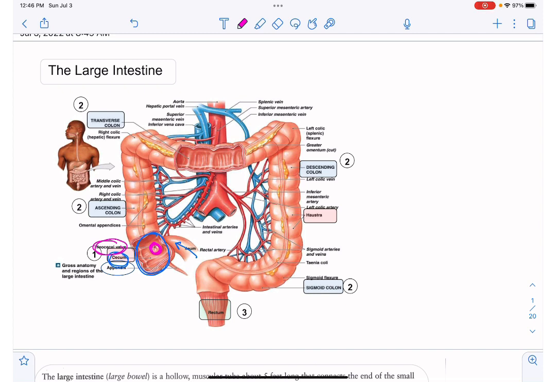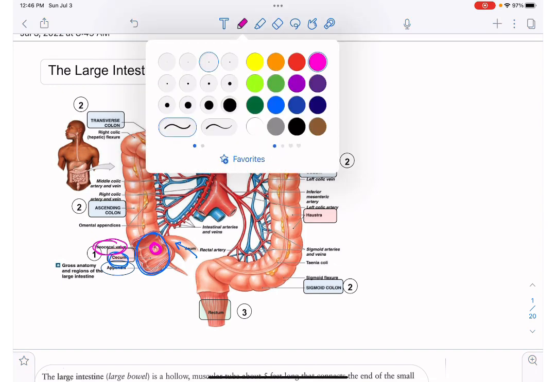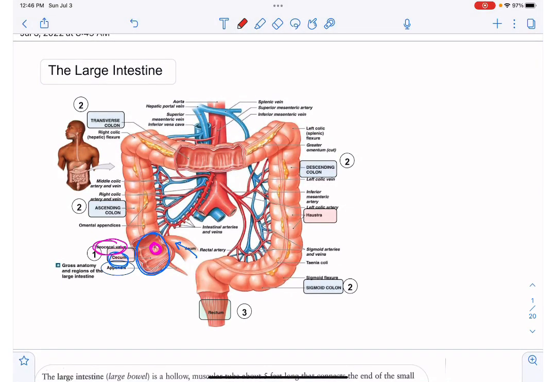And so it's the job of the cecum to receive this chyme from the small intestine, and it's going to begin the compaction process. The next part of the large intestine, which is the largest component, is the colon.